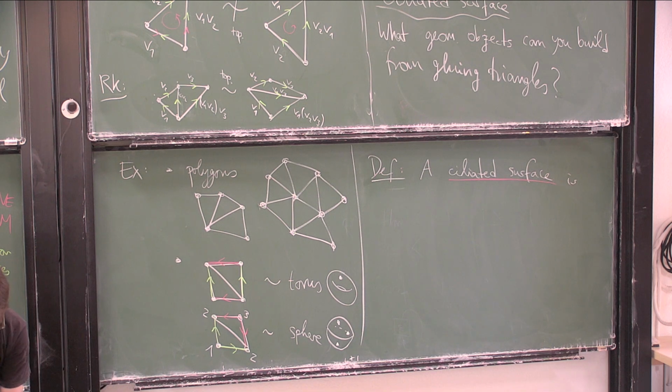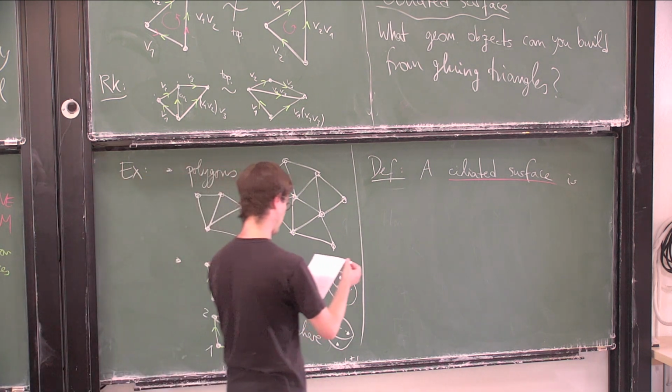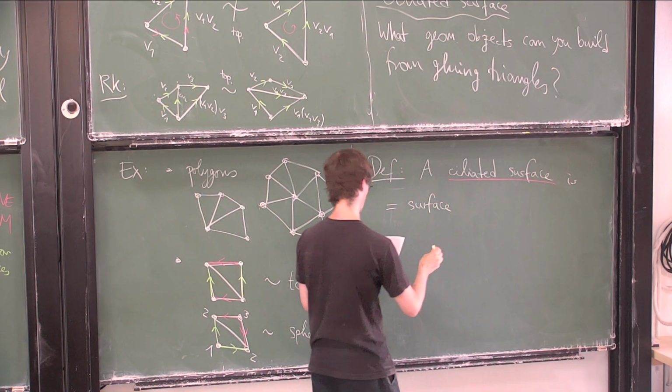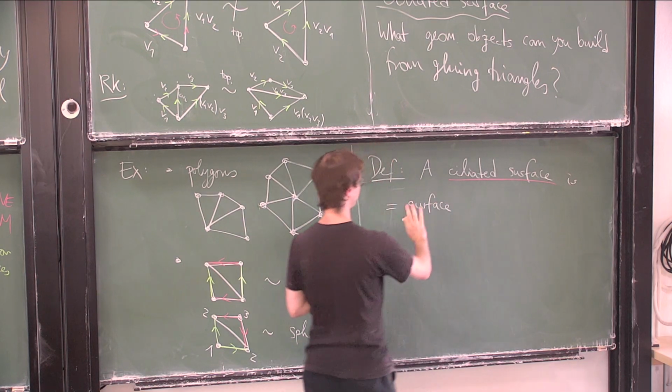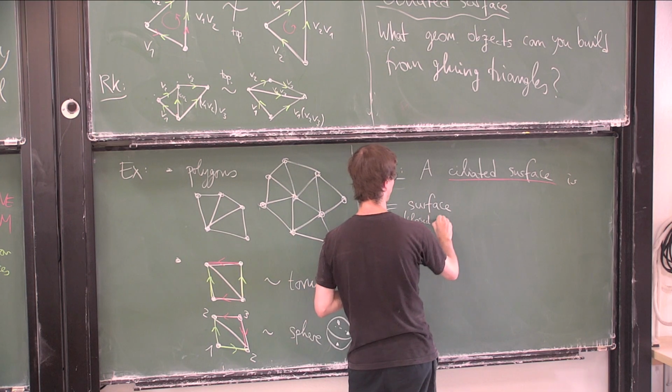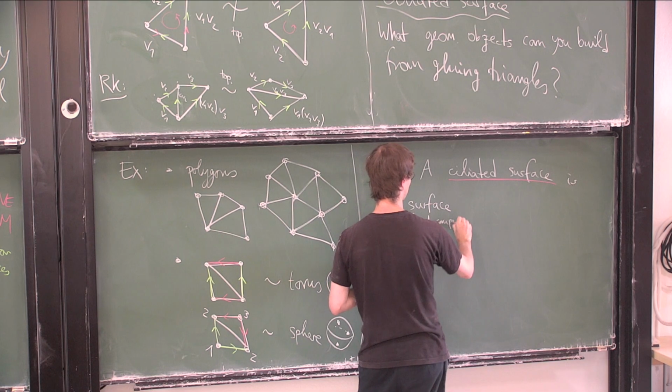Okay, so let's give you the definition. It's not very illuminating, but it's a surface. It's a surface in the sense we had yesterday. So closed, compact, oriented, connected, and so on.